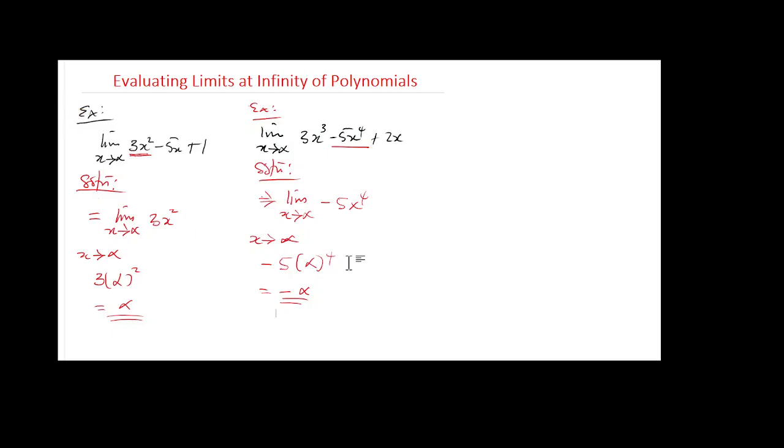Let's consider rational functions. Where we have rational functions, how do we evaluate the limits at infinity? Given a rational function, f of x is of the form numerator all over denominator. There are 3 cases to be considered.